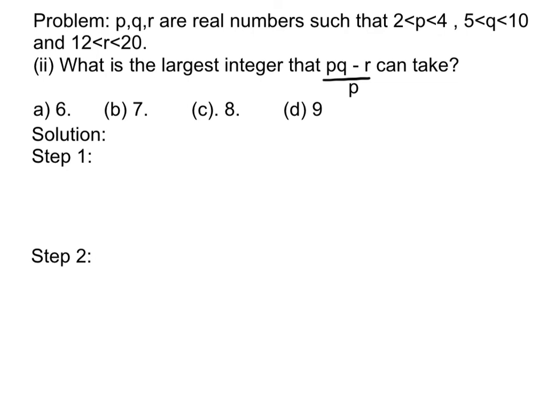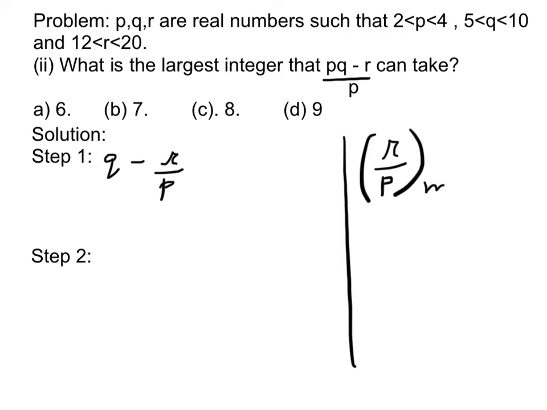Same problem, they have asked what is the largest integer that PQ minus R by P can take. Again PQ minus R, the same way we write Q minus R by P. R by P we just saw, R by P minimum is equal to 12 by 4, 3.